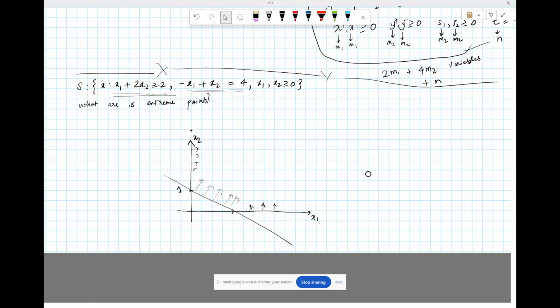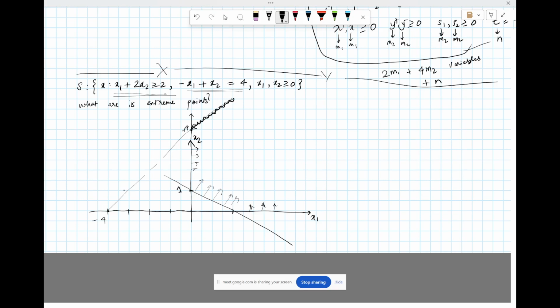Okay, so 4, minus 4. So it's an equality constraint, so all my points are on this line, right?